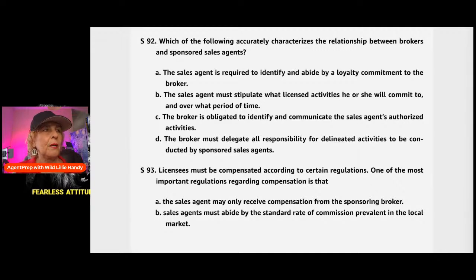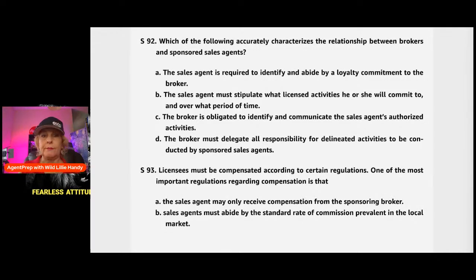No. B, sales agent must stipulate what license activities he or she will commit to and over what period of time. No. Okay. So the sales agent can carry their business however they want. They don't have to be detailed and specific of what they're going to do and not to do and what they're committed to. They're committed to generating sales.